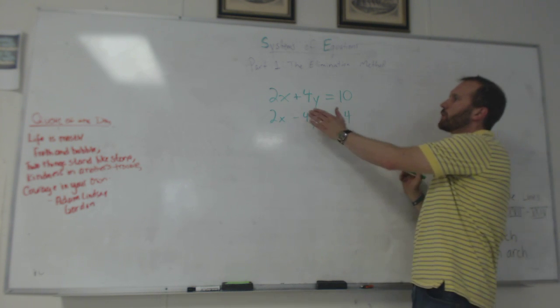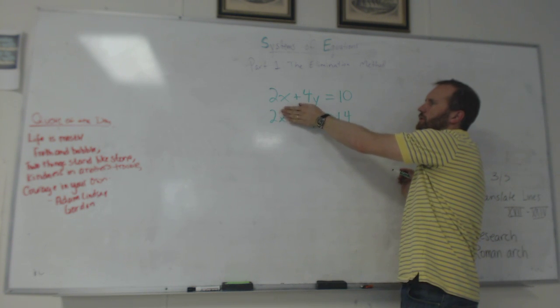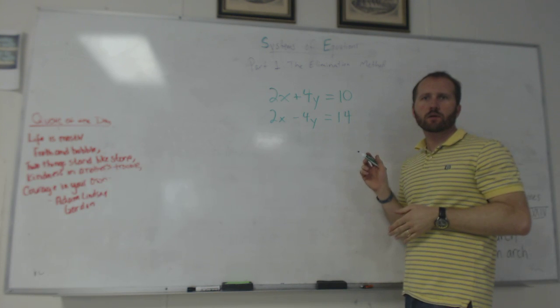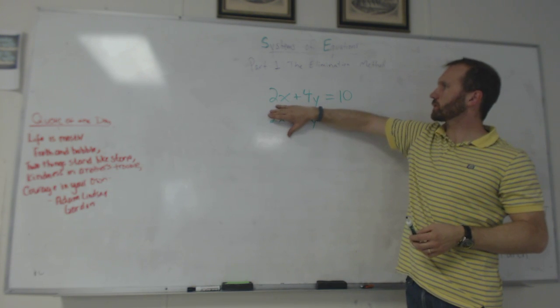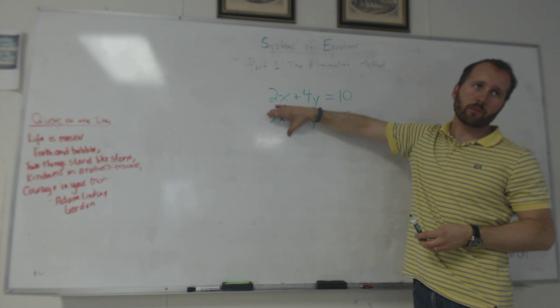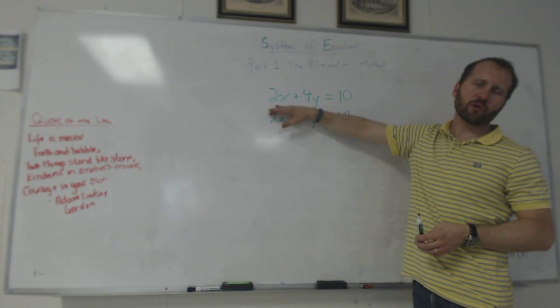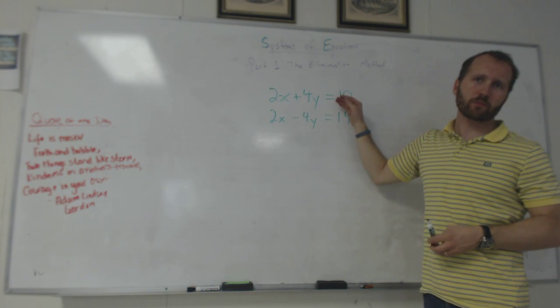So if we were to look at just one of these equations, you've seen stuff like this before. 2x plus 4y equals 10. And we called that standard form, right?